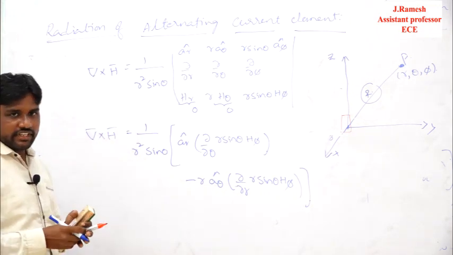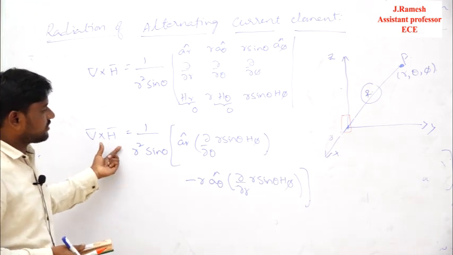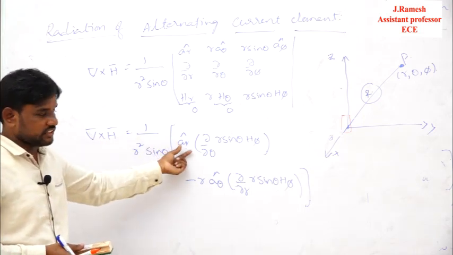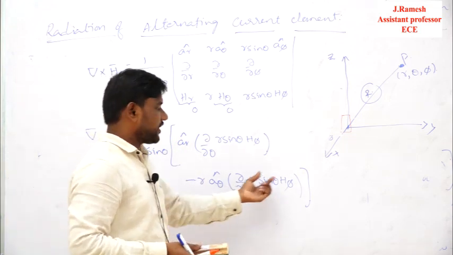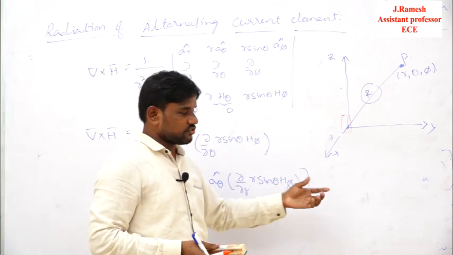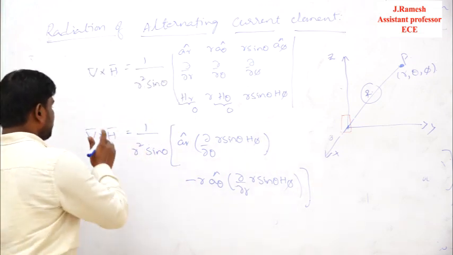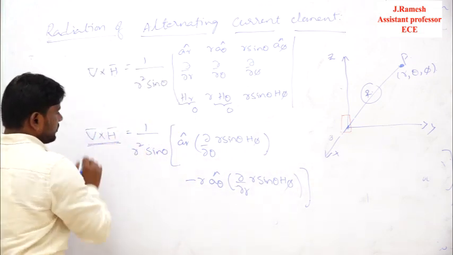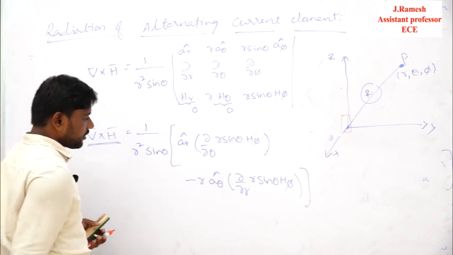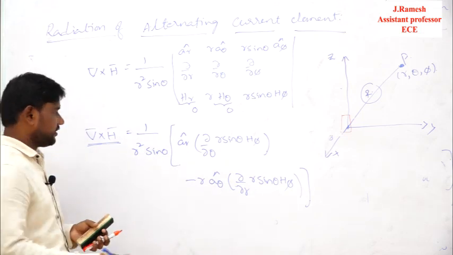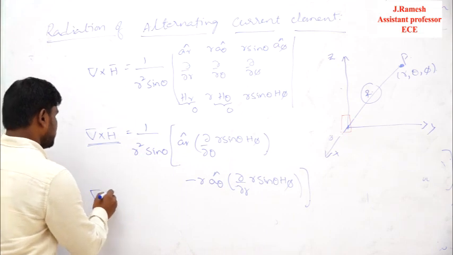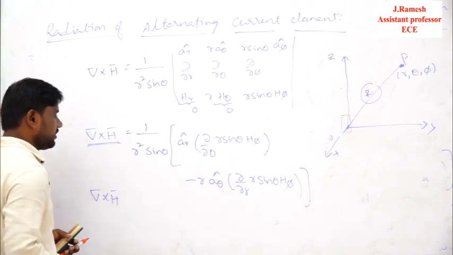So these are the two terms of the curl of H bar. If you observe clearly, the curl of H bar does not consist of the three components. So a r cap is available, a theta cap is available, but a phi cap has vanished. So that's why I can simply find out this one. There is no need of finding the three parameters at a time. Instead, I am going to derive one by one. First I am going to take the r component of del cross H bar.